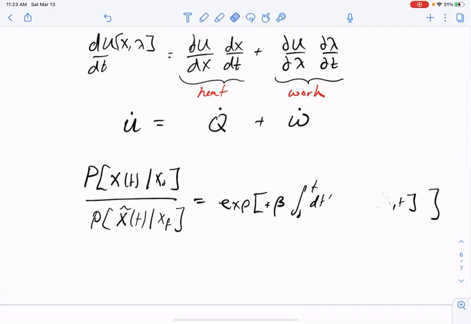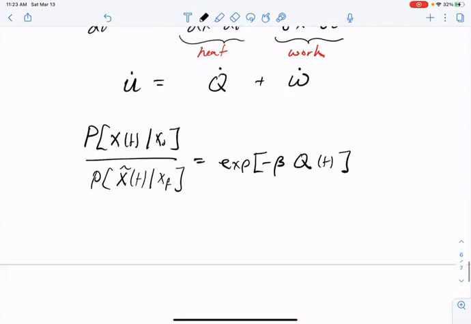This is thus... its integral gives me just the heat release. This is what's known as the Crooks fluctuation theorem.